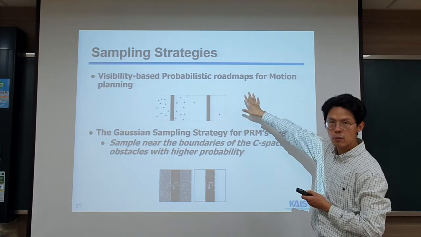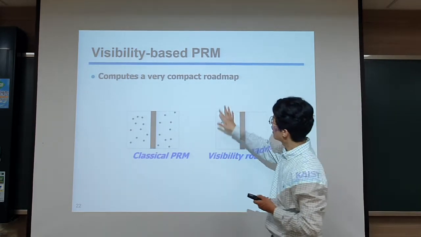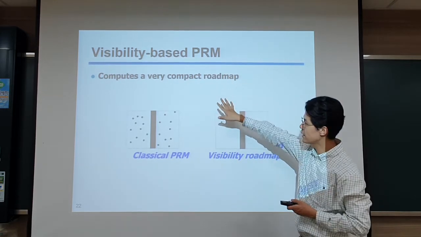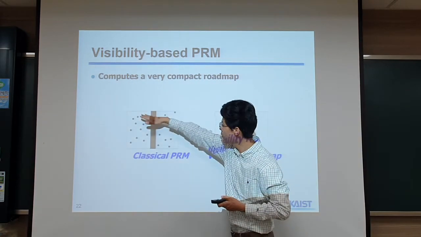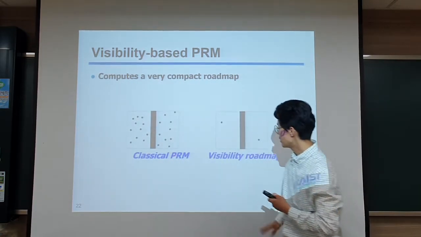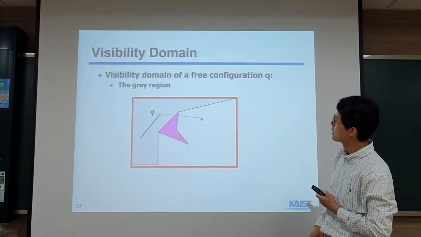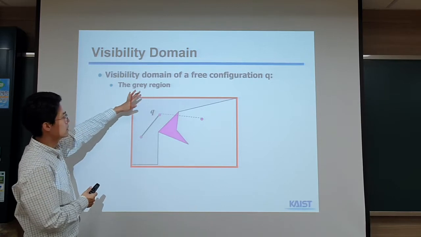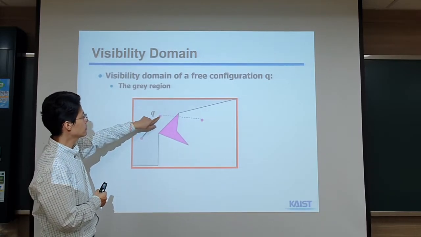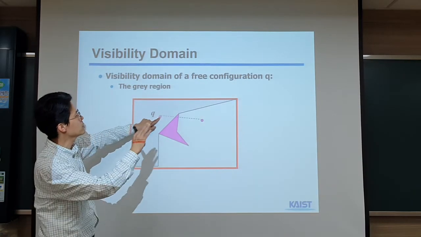Let me briefly touch a little more on this visibility-based approach. This visibility-based technique is a classical technique. We might generate a lot of random samples even though we have a wide empty area, but the end result of the visibility roadmap is very compact. Its main idea is that we utilize the concept of the visibility domain. Given a configuration, we see what the visible domain is.